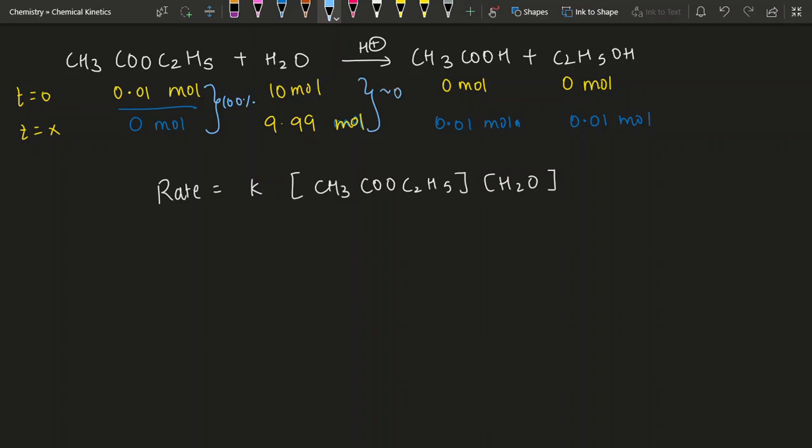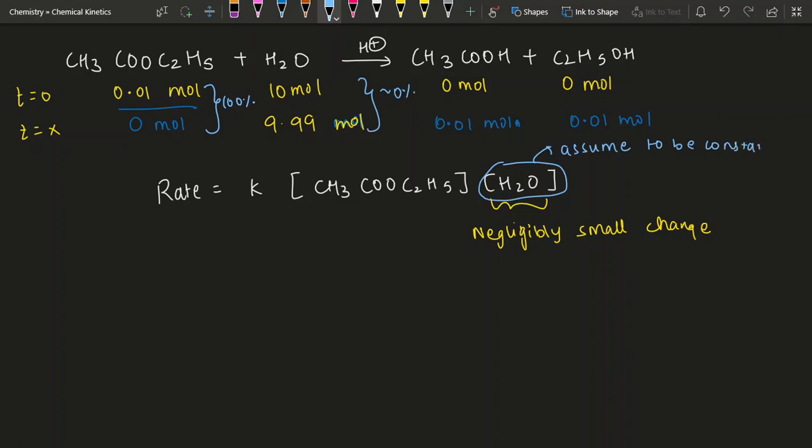It's almost 0%. So since there is a negligibly small change in the concentration of H2O, you can assume this concentration of H2O to be a constant.